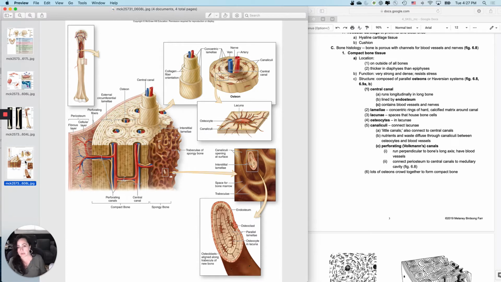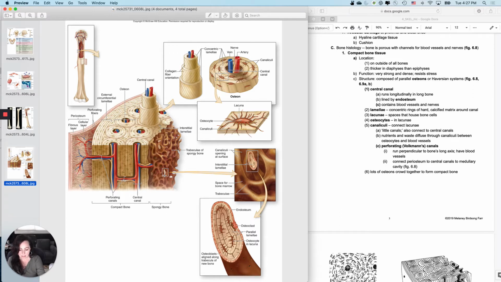Spongy bone tissue would be terrible to pull on. And it's much thicker in the diaphyses of long bones than it is in the epiphyses, but that's not the only place it's found. It's really strong, really dense. It's really good at resisting stress, but it's also really heavy. And so let's just review the sort of structure of compact bone.